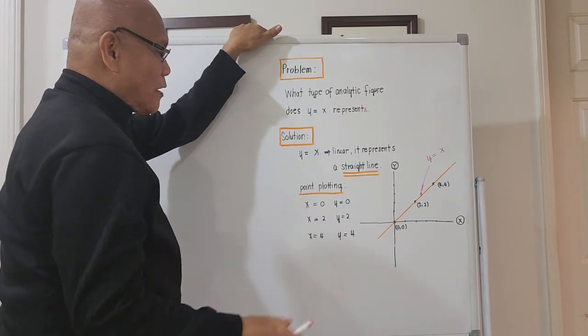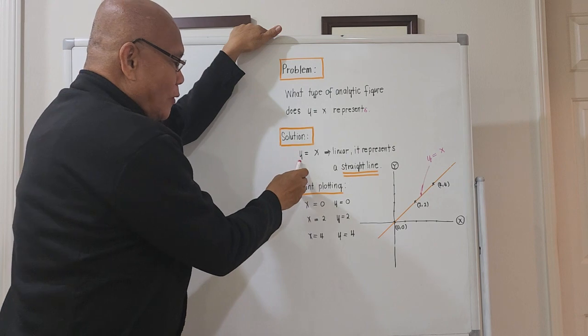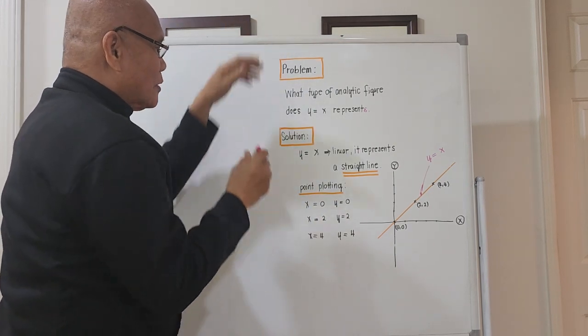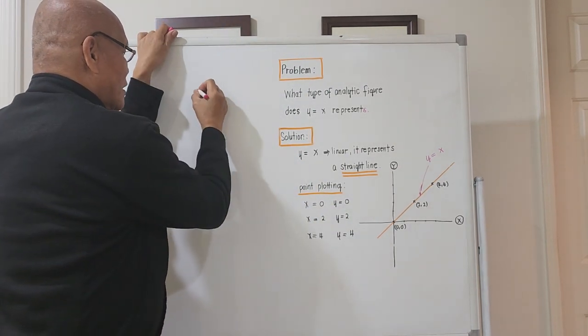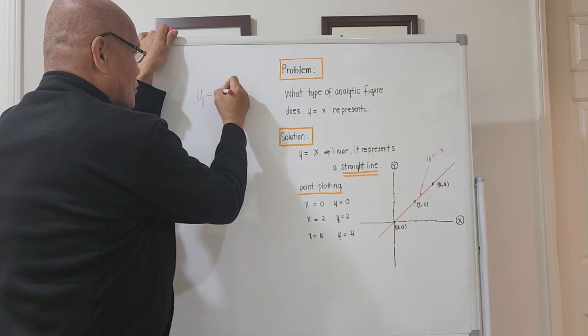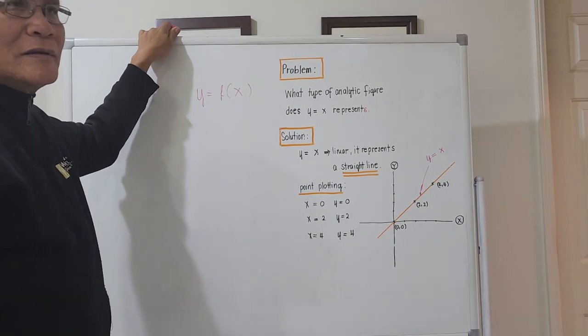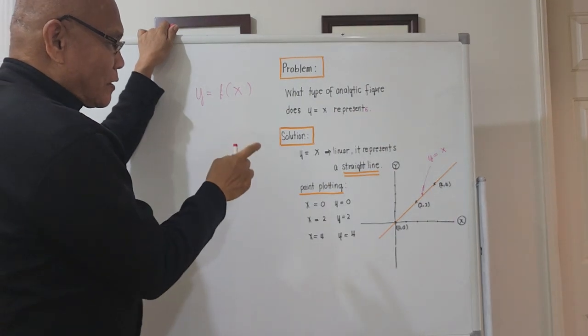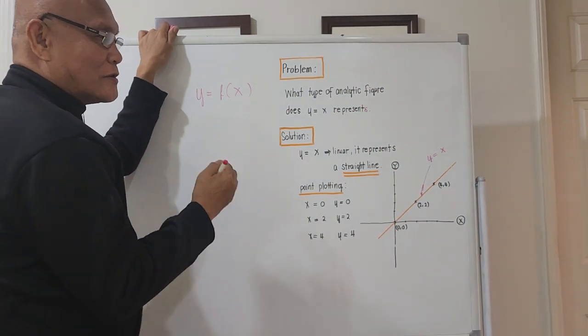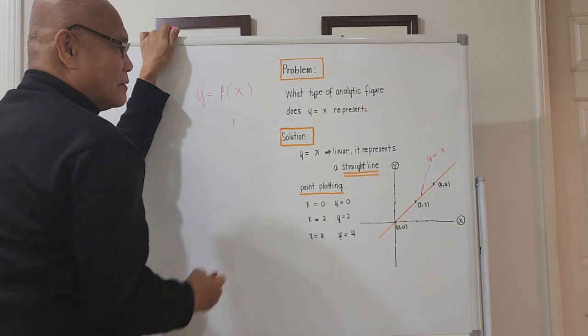If we try to bring out the solution, y is equal to x. So it seems we are given y as a function of x, right? The highest power of y on the left-hand side is actually 1.